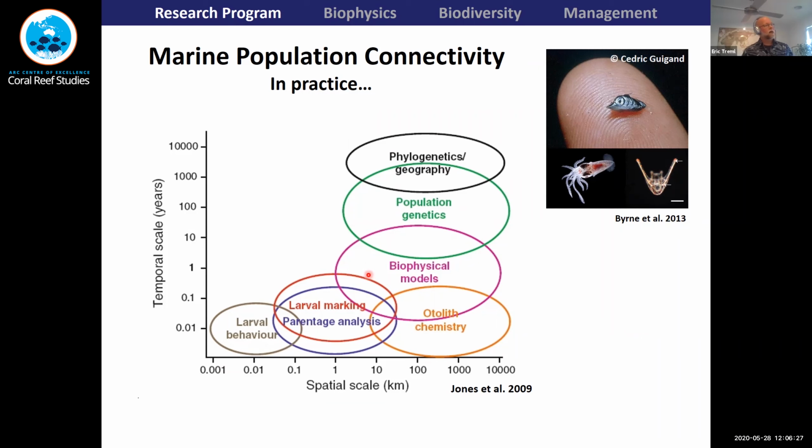I find myself most often fitting in this, I don't know what color that is, chartreuse, purple, biophysical modeling bubble. And I would suggest that since 2009, a lot of these bubbles have expanded somewhat to cover more spatial and temporal scales. But it's difficult, and you need a diversity of approaches to ask these broad-scale questions about connectivity.